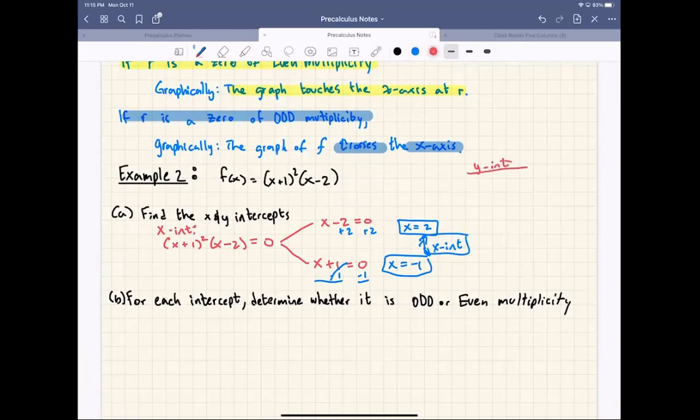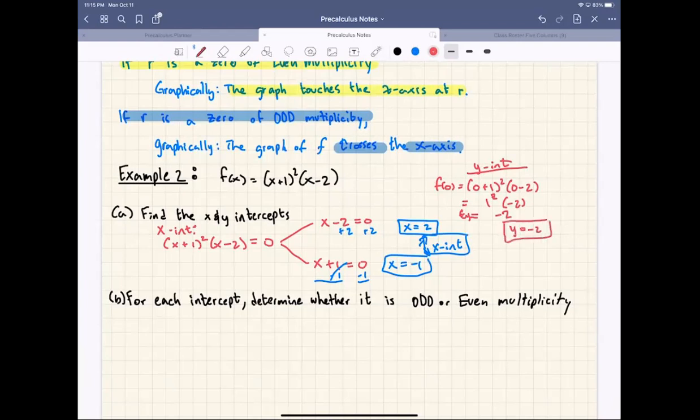So instead of x plus 1, you have 0 plus 1 squared times 0 minus 2. That's what f of 0 is going to be. You get 1 squared times -2, 1 times -2 is -2. So that's our y-intercept.